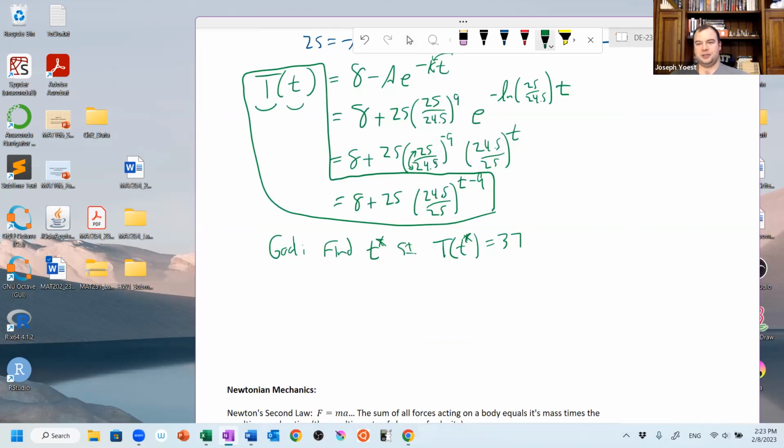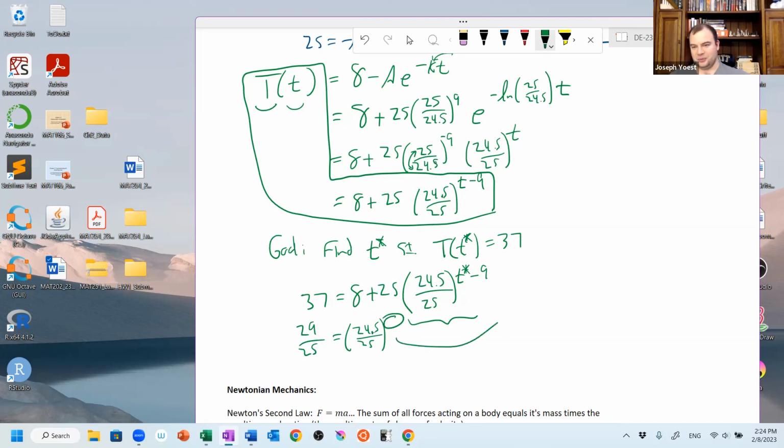So let's find such a T star. I want to set 37 equal to 8 plus 25 times the exponential to the power T star minus 9. How do I solve this? Well, I've got to get my exponential bit by itself. So I subtract 8, divide by 25. So I get 29 over 25 to this power, which I don't have room to write, so let me bring it over here.